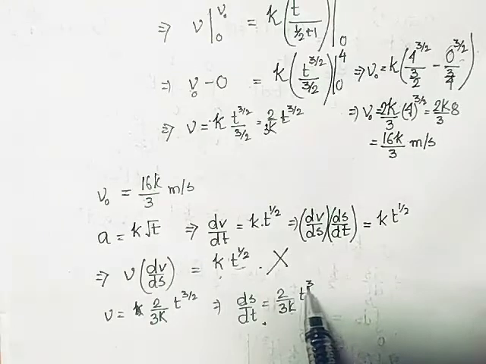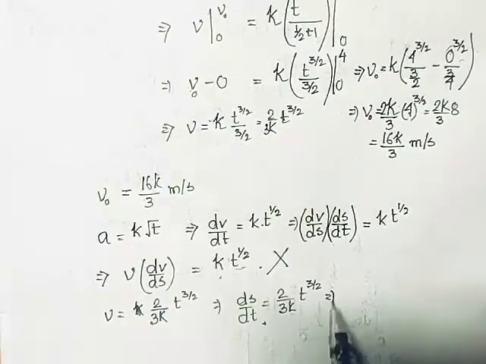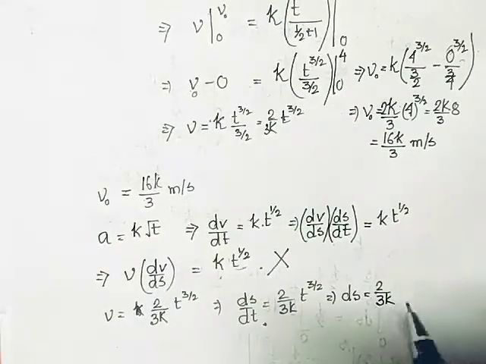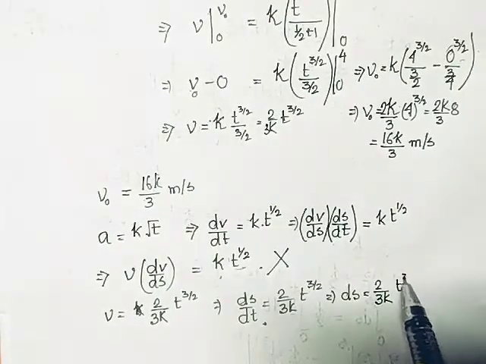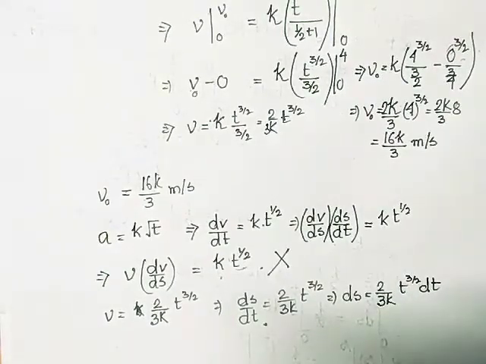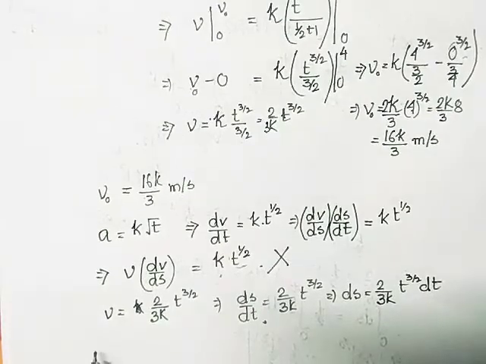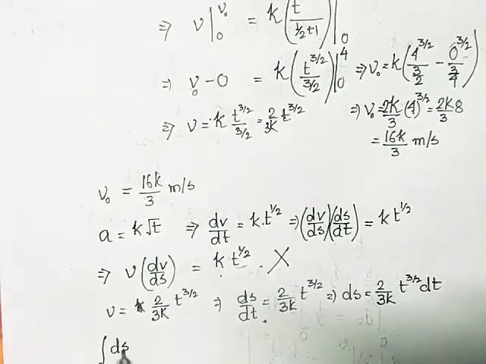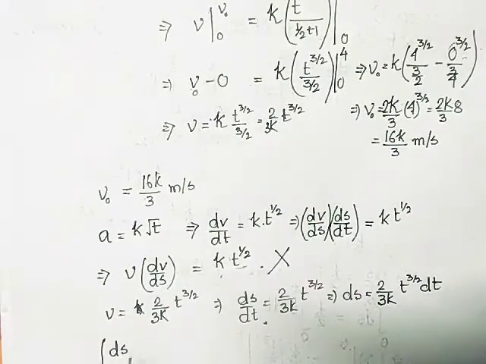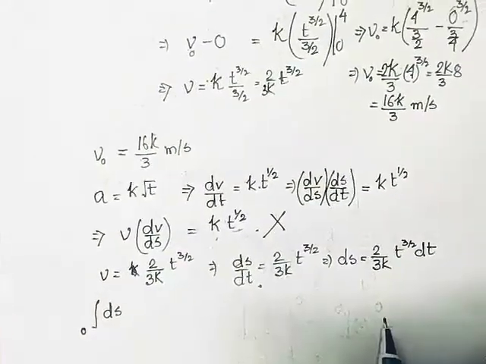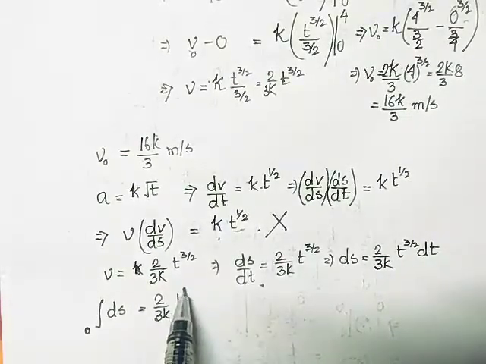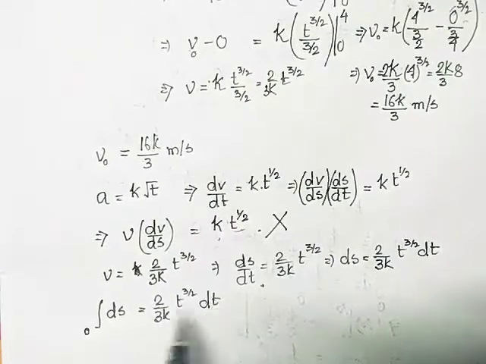So this is t to the power 3 by 2. So ds is 2 divided by 3k into dt. Now just think, if I do the integration, we'll put the limits later. After that, 2 divided by 3k t to the power 3 by 2 dt integration.